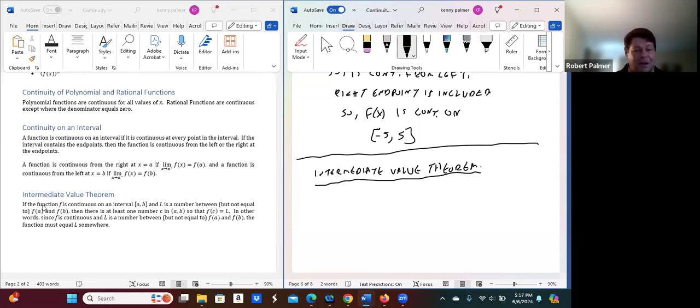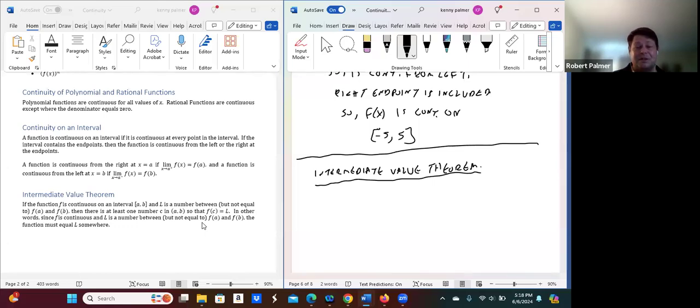What it says: the function f is continuous on some interval a and b, the endpoints included, and L is some number between, but not equal to, f of a and f of b, the function values, the y values for a and b. So it's between those, not those. Then there's at least some number c in the interval between a and b so that f of c is equal to L.